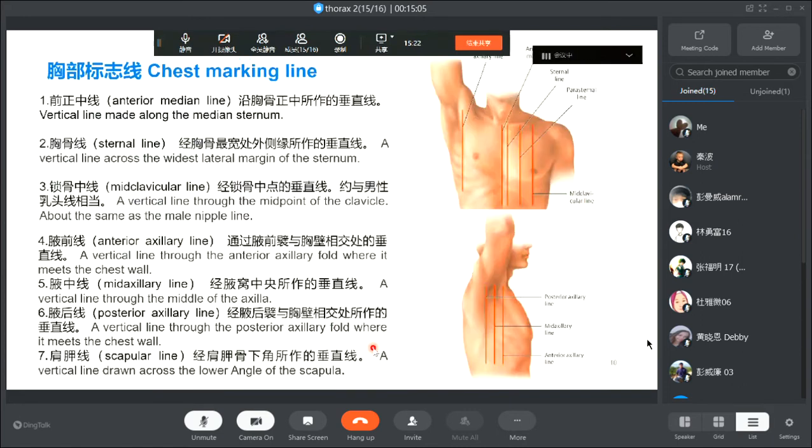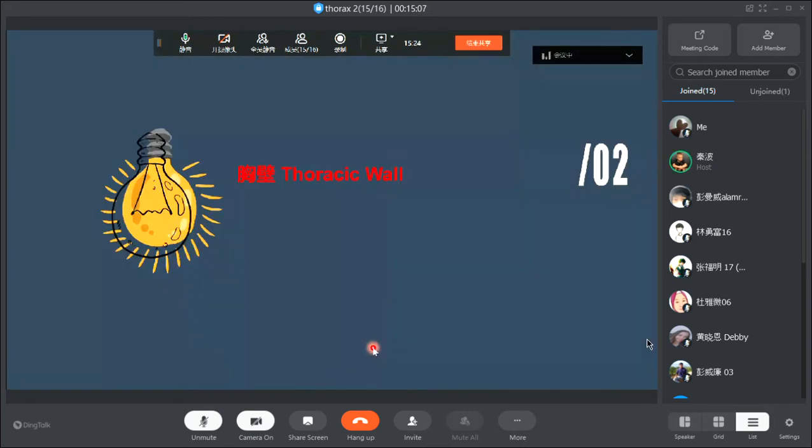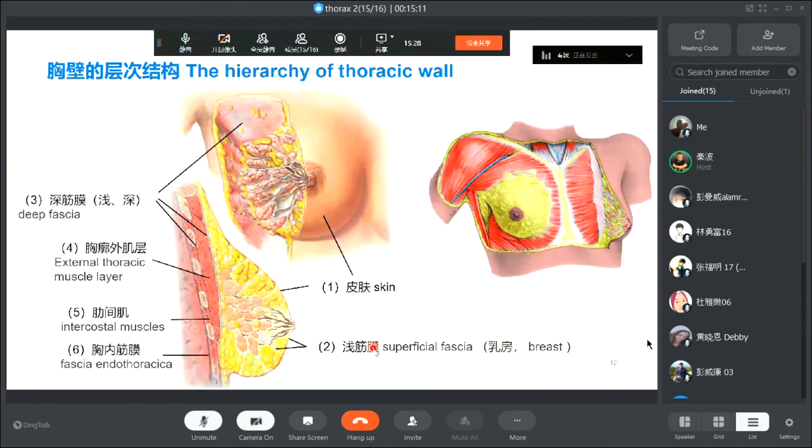So in our thoracic wall, here are the layers of the thoracic wall.